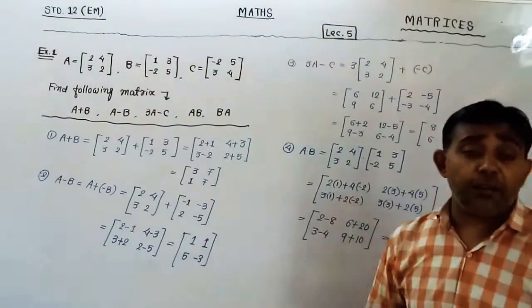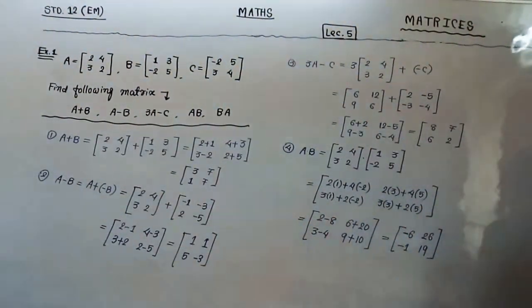Now also you can write B into A. B into A is what? Is multiplication of matrix B and matrix A. So I think you can solve it yourself easily. Matrix B into matrix A. So matrix multiplication is a very easy process here to find.